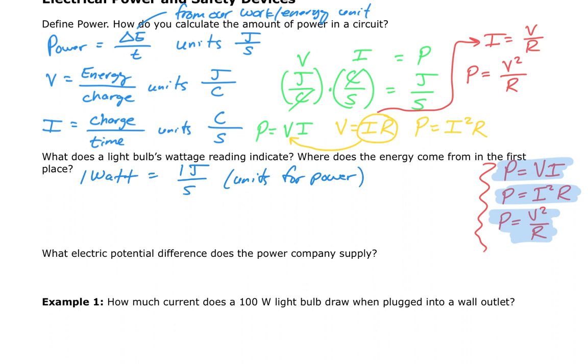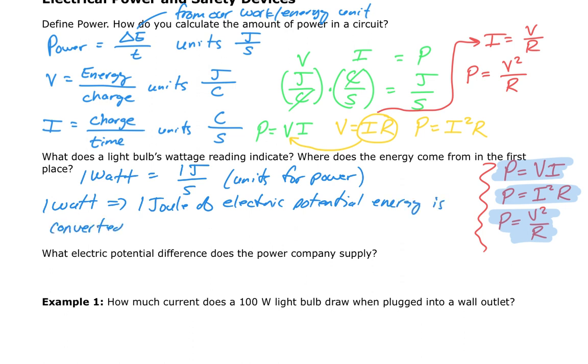So let's write this out. 1 watt simply means 1 joule of electric potential energy is converted into something else. And for a light bulb is converted into usually light, ideally, and thermal energy each second.